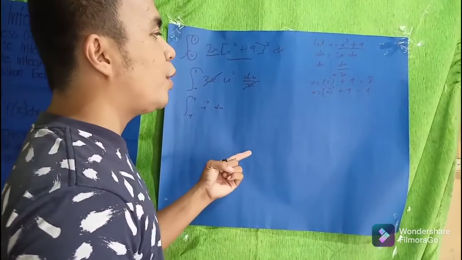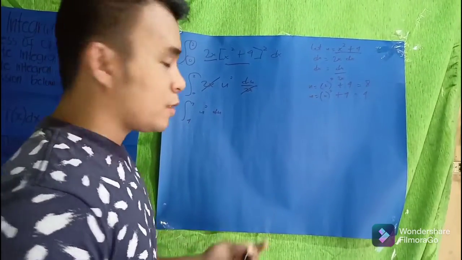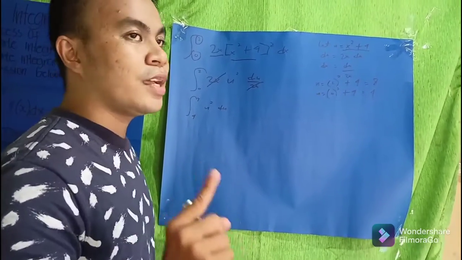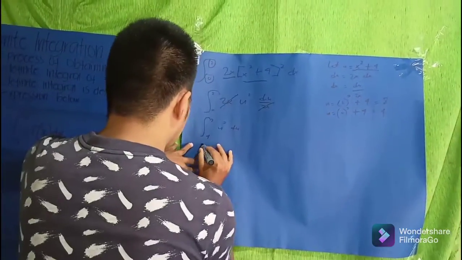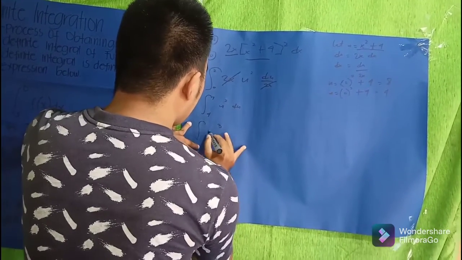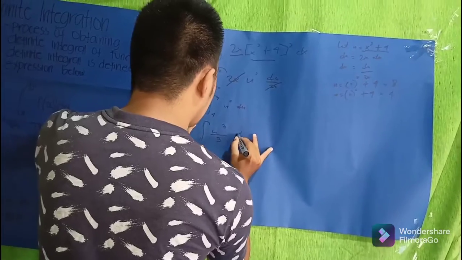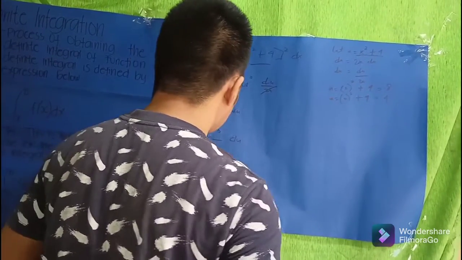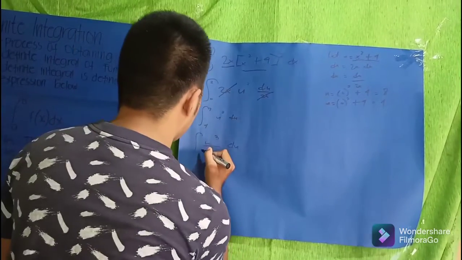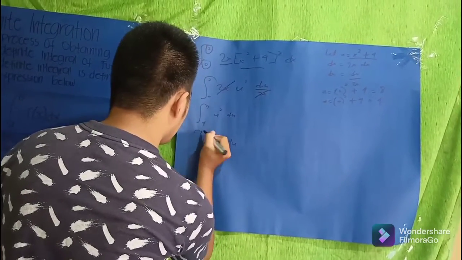Now that we have our new set of limits, we are going to solve it. But first, we will integrate it. So, the integral of u cubed over 3 du, from 4 to 8.